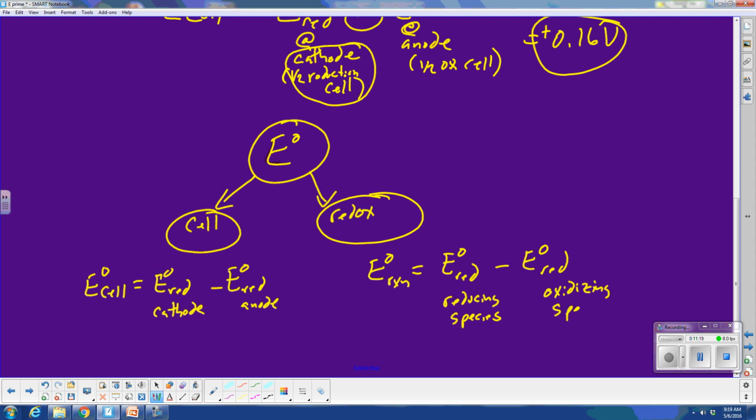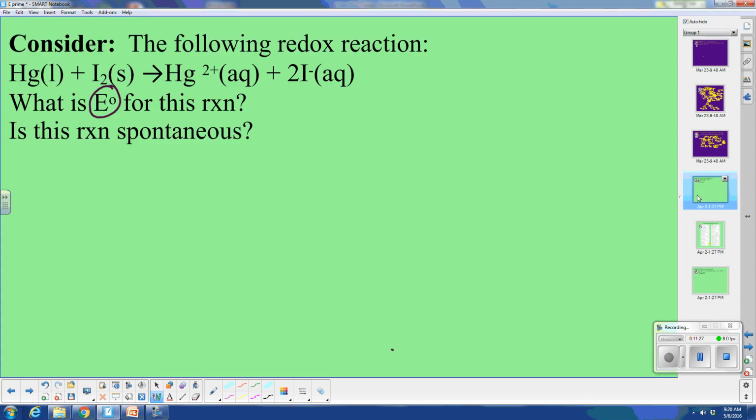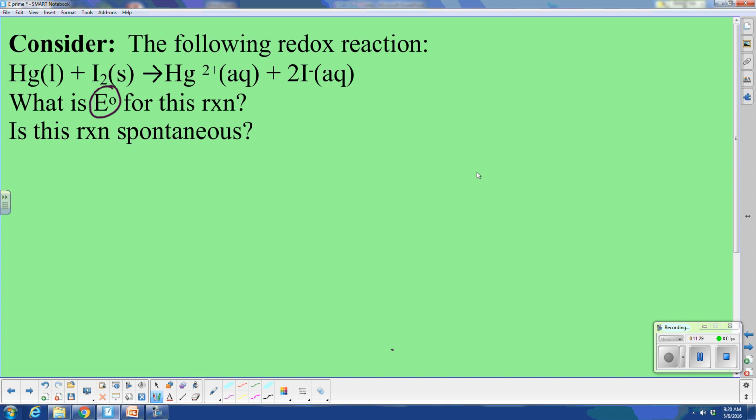Hey, that's really the same thing we were talking about before, right? So here we go. Let us work that problem out. Good. So I look at this, and I have to find out, do I have something oxidizing or reducing? And the answer is, of course I do. Which of these is oxidizing and reducing?